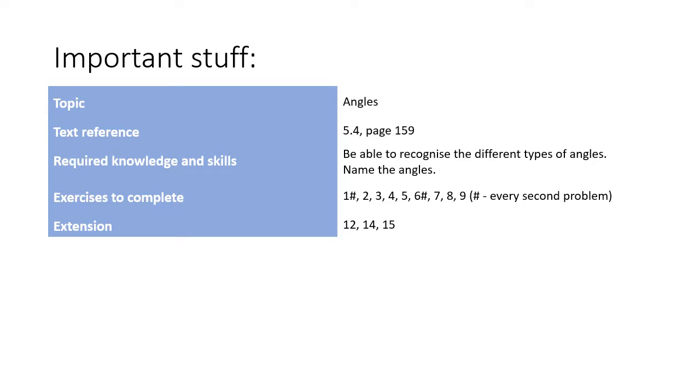Particularly in this one, we're recognizing different types of angles and being able to name angles. We're also going to list some exercises that you can complete out of the text. I've got a standard set and some extension stuff, which is a little bit harder, but feel free to discuss with your teachers what's appropriate for you to be doing. Throw us an email if you ever need to ask a little bit more about it.